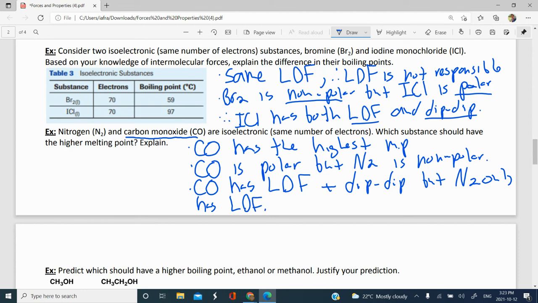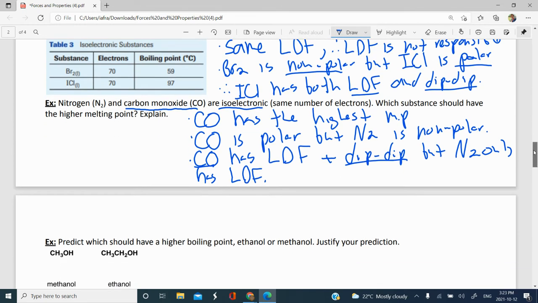And they're roughly the same amount of LDF because they're isoelectronic. So if they have the same amount of LDF, the only other difference is going to be the dipole-dipole that CO has because it's polar. And if you draw CO out, you'll see why it's polar. You have that dipole pointing in the direction of oxygen.